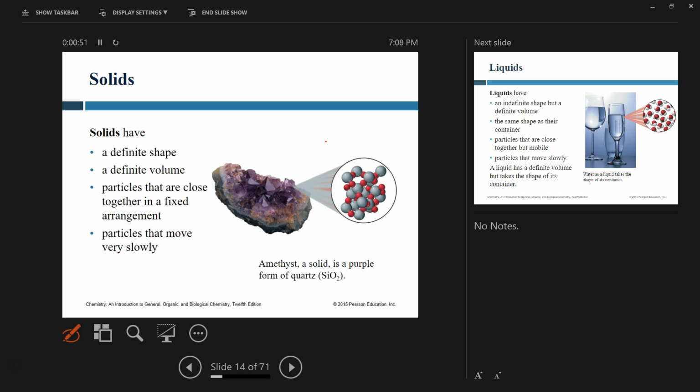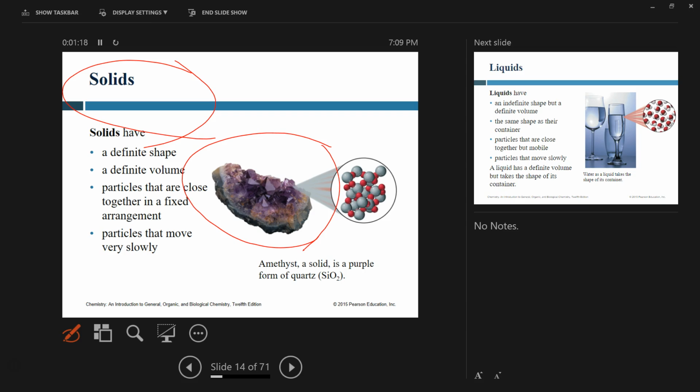So, what are the characteristics of the different states of the matter? So first of all, solids, okay? To formalize it, all solids have a particular shape, like this amethyst, okay? A very specific volume. They're not fluid, okay?